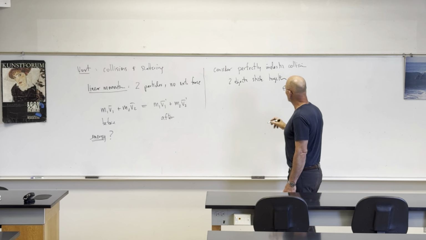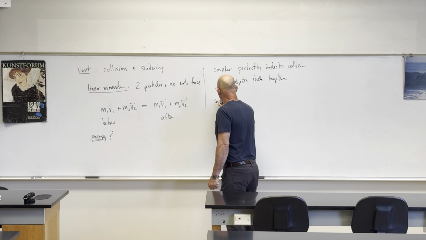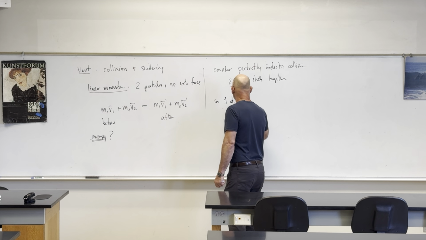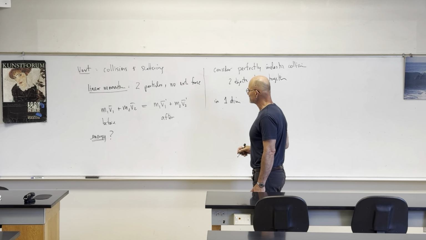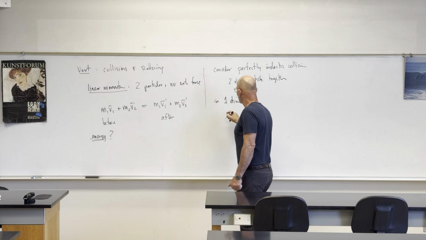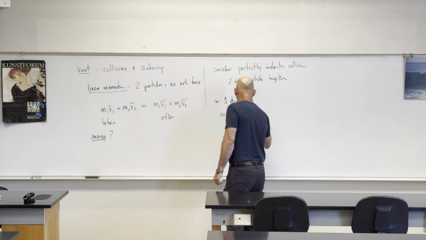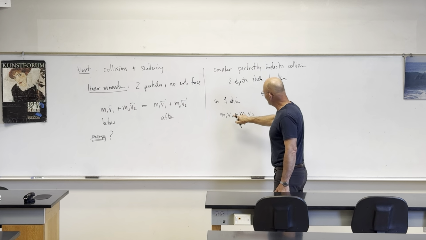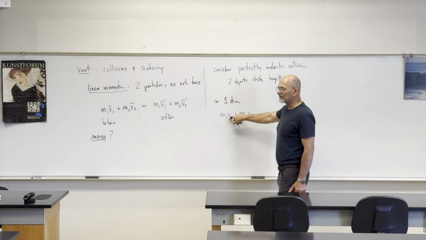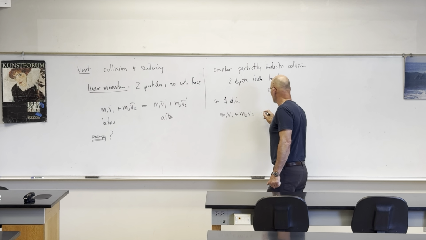If you do that, and we'll do it in one dimension, just to keep things simple, then you have M1 V1 plus M2 V2, and these V's carry a sign as well. Even though it's in one dimension, they're still vectors.